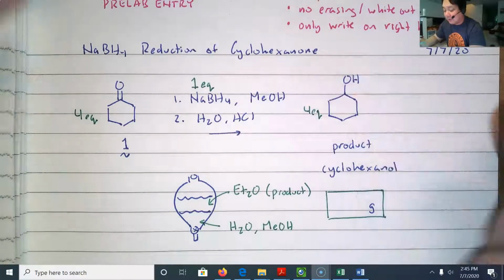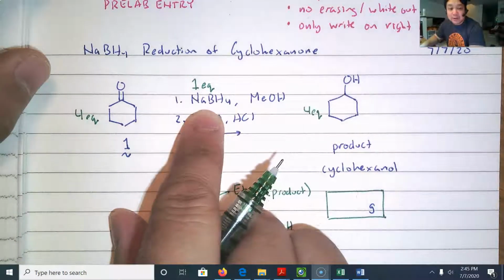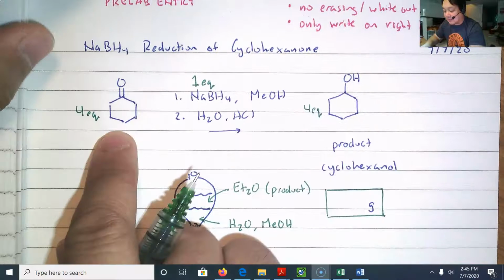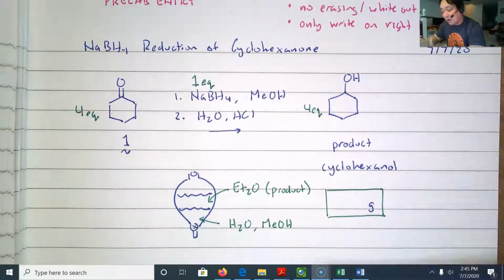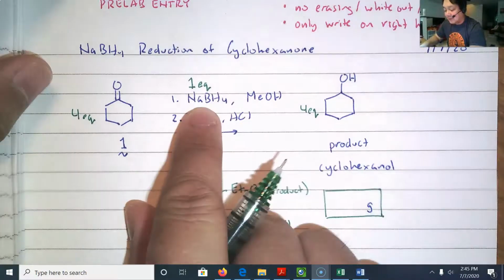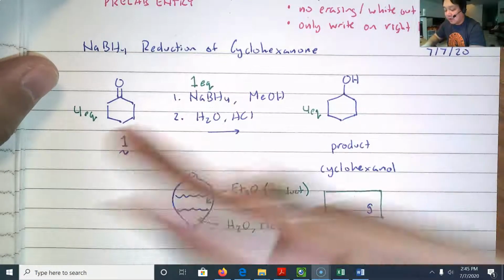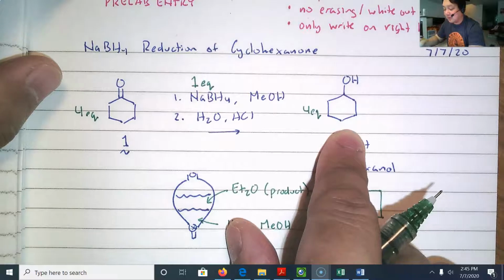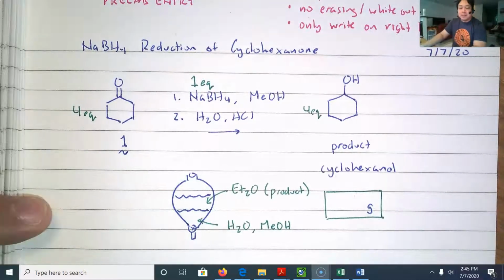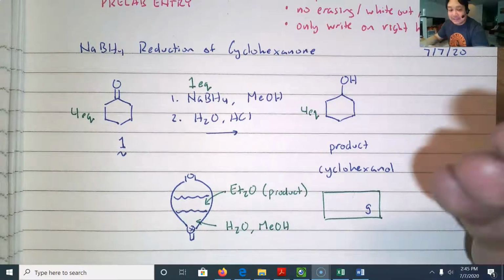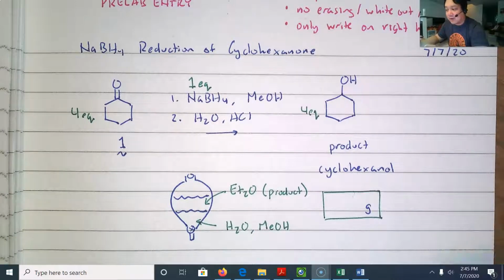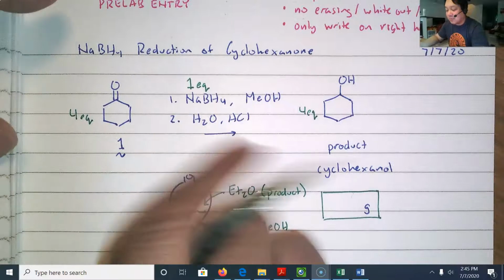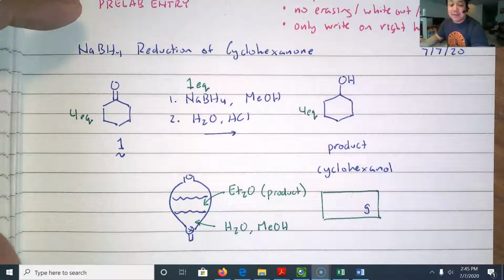Is it easier to purify excess sodium borohydride, or is it easier to purify excess cyclohexanone? Or you may want to give excess reagent to make sure that all of your organic starting material turns into the product. So those are some strategies by which people design syntheses to figure out, well, do I really want to have excess? And if I do, which component do I want to be in excess?